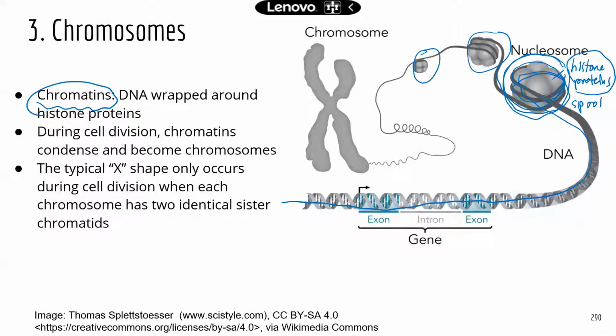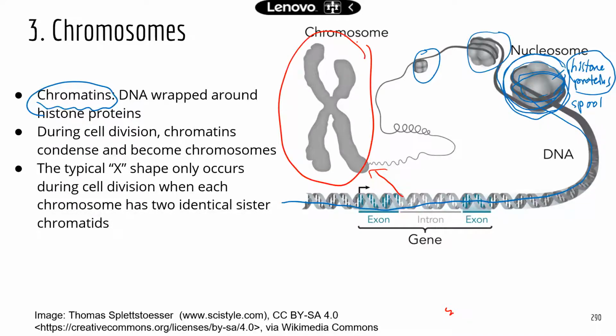Now, chromatin will condense during cell division. Normally chromatin is thread-like. You don't really see it under the microscope. But during cell division, chromatin will condense. So there's a further compacting, further condensation. And this will form chromosomes. After the chromatin is condensed, it has this typical X-shaped structure, which we call chromosomes, right?